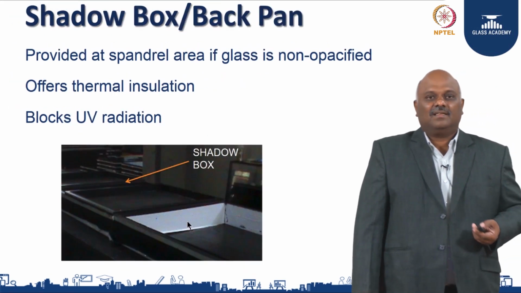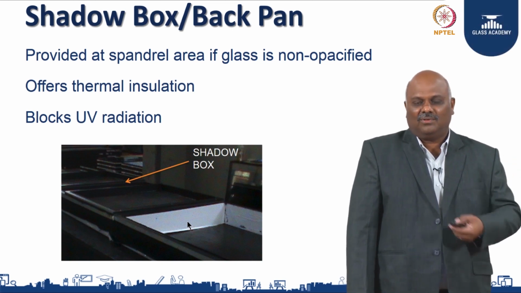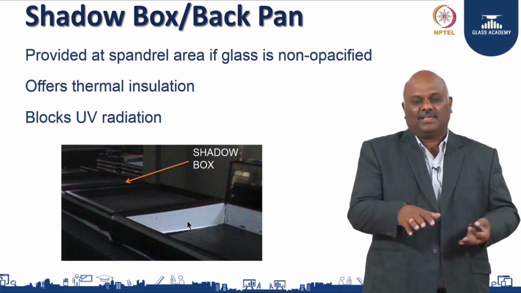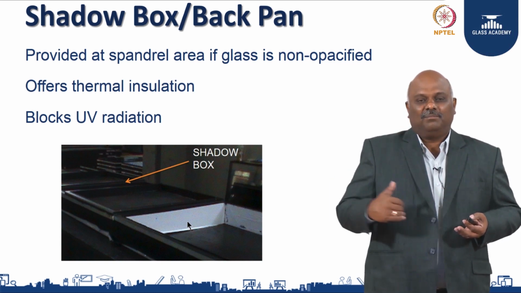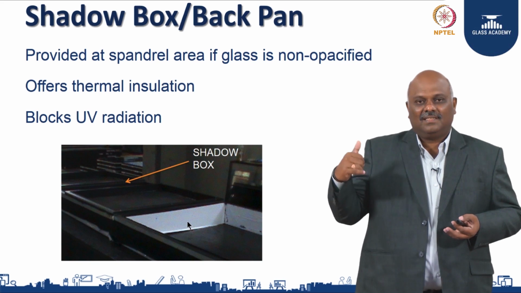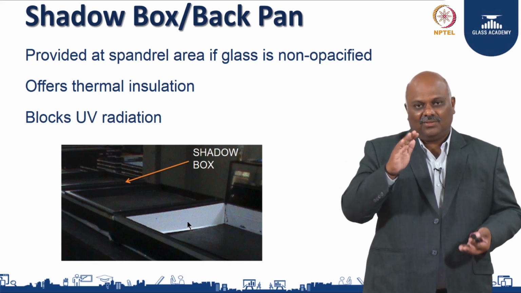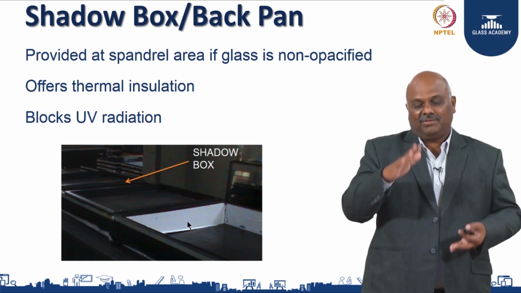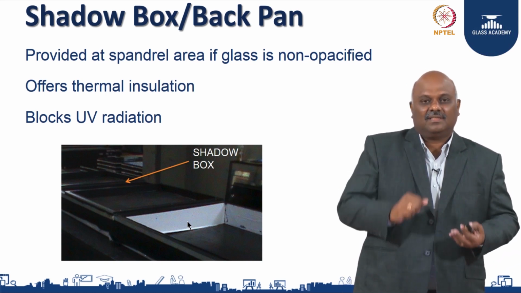Of course, behind the spandrel there are a lot of things you can do, where you want to put granite, stone, metal, whatever, but basically the shadow box or the spandrel acts as a media which does not allow the spread, that is number one. Then again you contain whatever you want to contain between floors, whether it is fire, whether it is heat. So, you contain it in the spandrel zone.